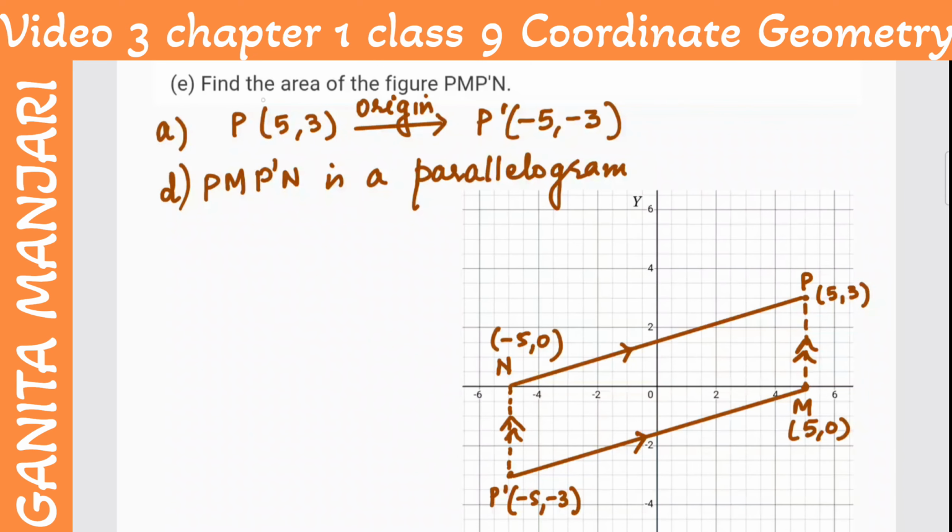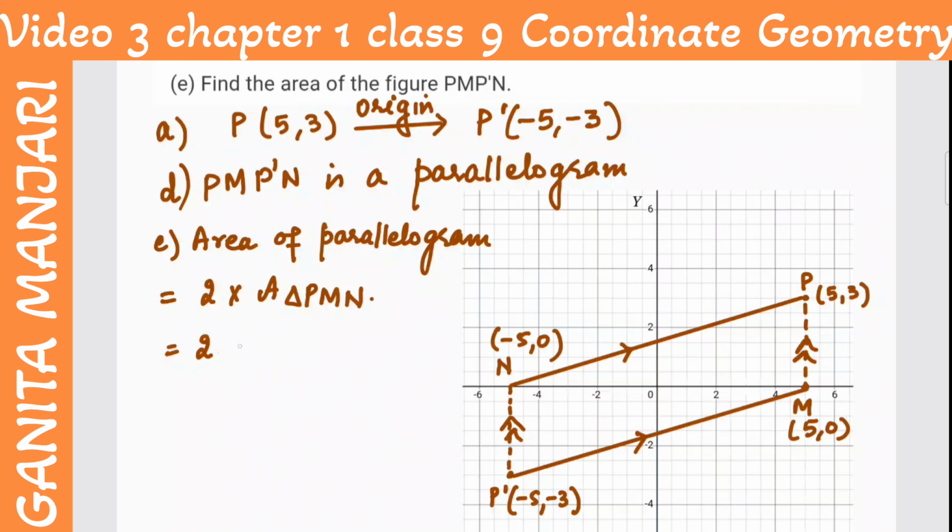Now the E part is, find the area of figure PMP dash N. So the area of the parallelogram is equal to 2 times the area of triangle PMN.